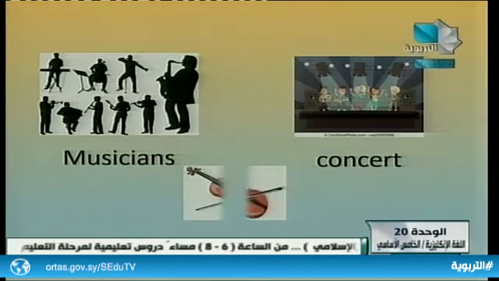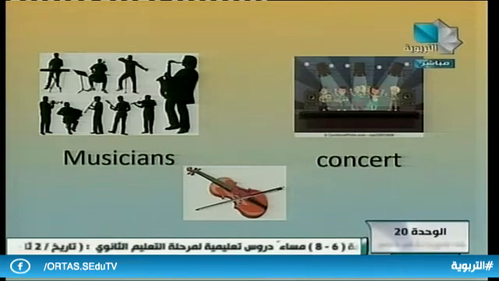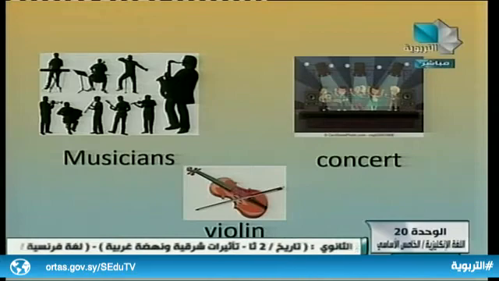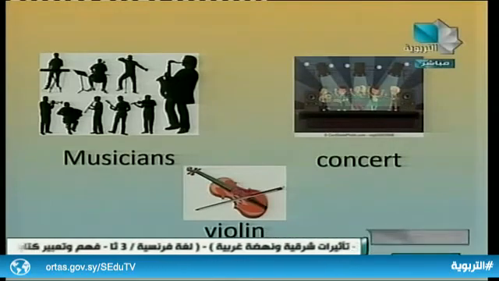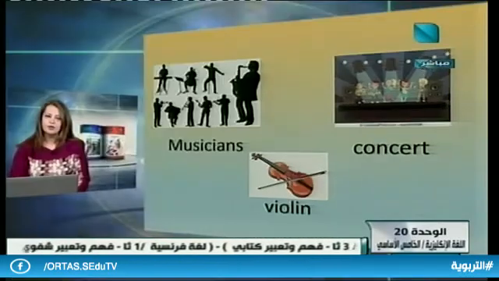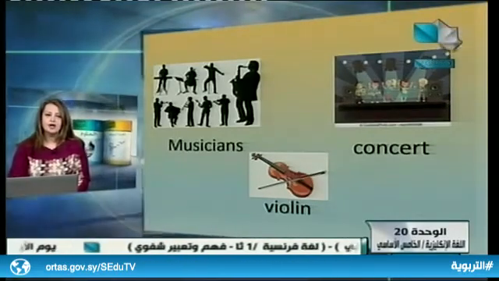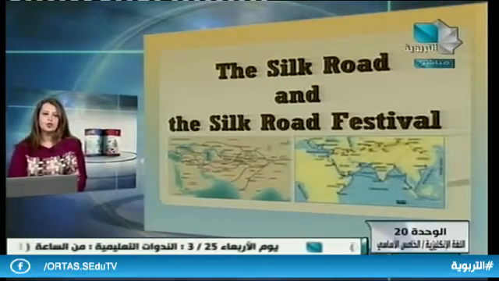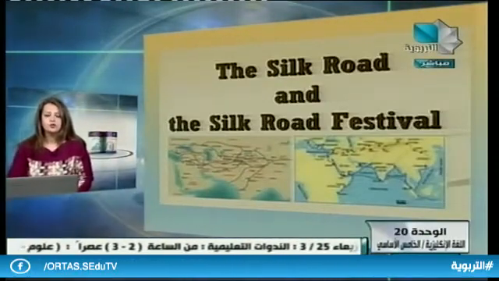Now, the third picture, we already learned it. It's a violin. It's a musical instrument that gives us a very nice sound. Now, before we read, we are going to talk about the Silk Road and the Silk Road Festival.